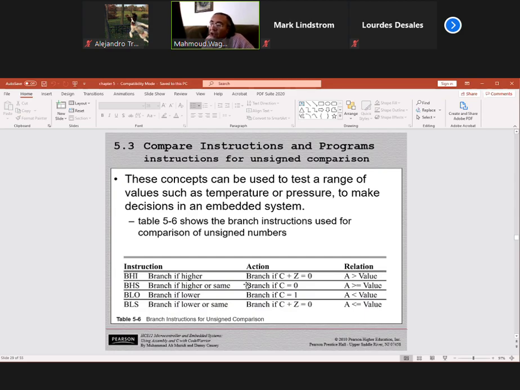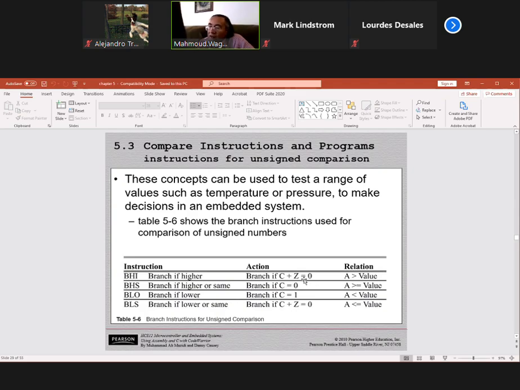If A is higher than some value, for example, what happens? The condition here, higher, is interpreted as C or Z equal to zero. Higher in our terminology is equivalent to C or Z equal to zero in the computer terminology.